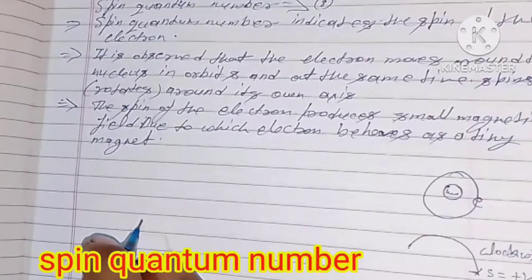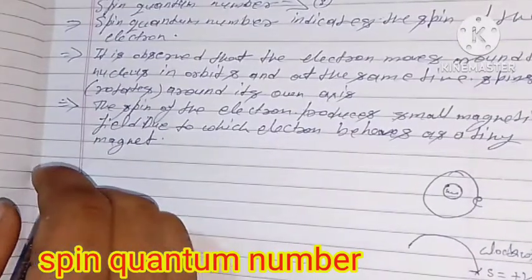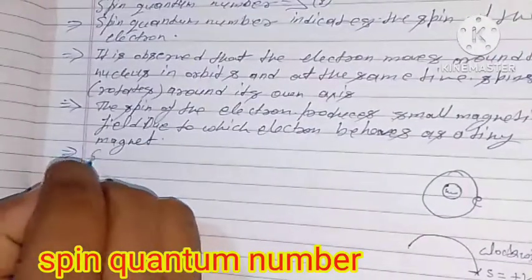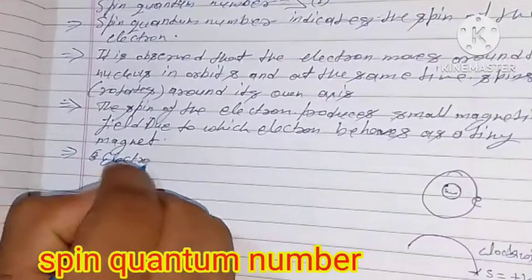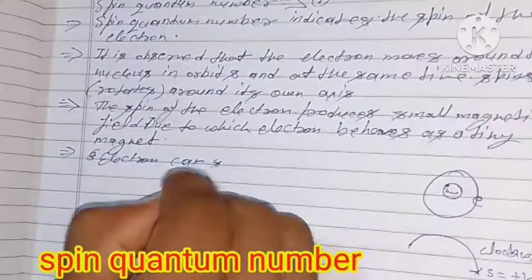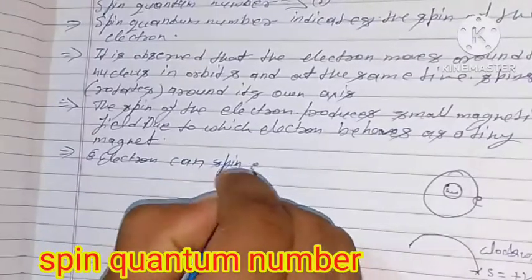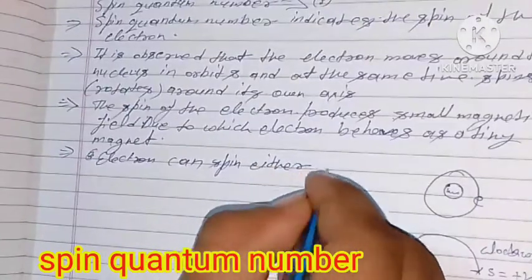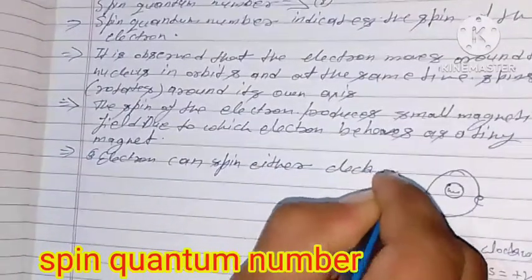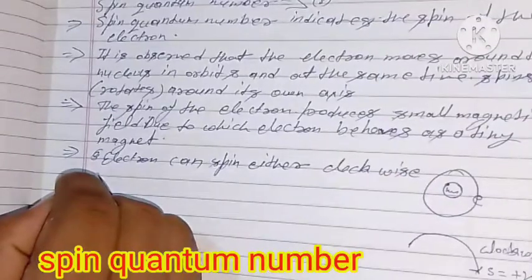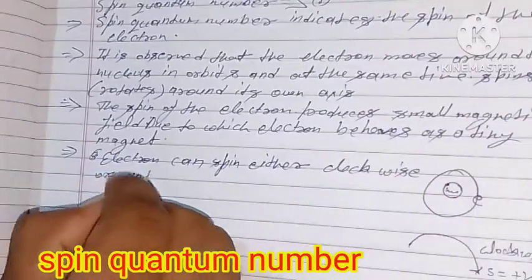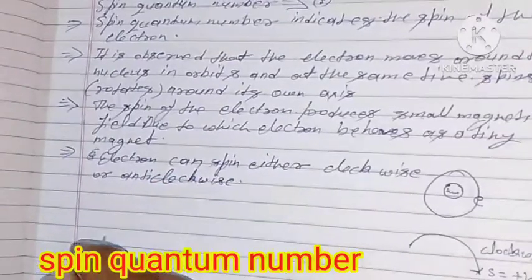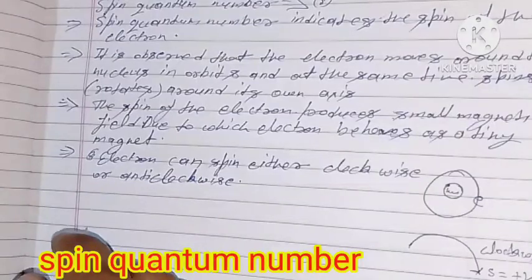Therefore, spin quantum number has two values.